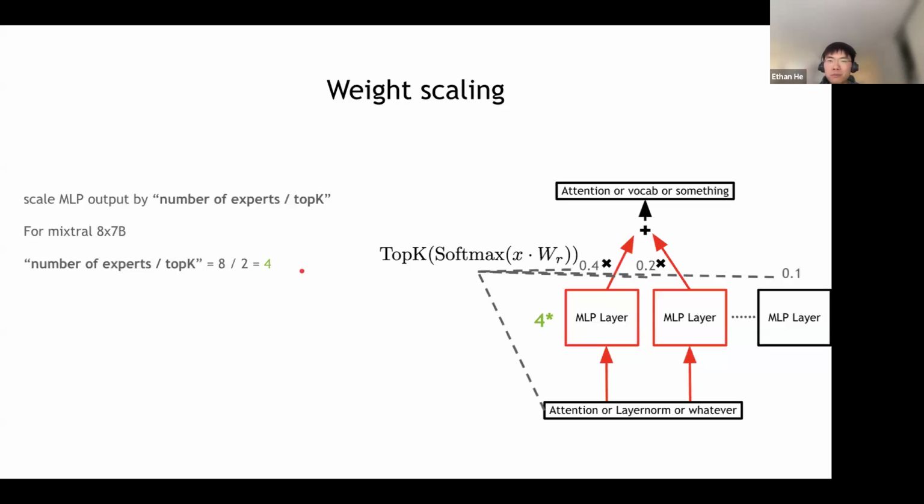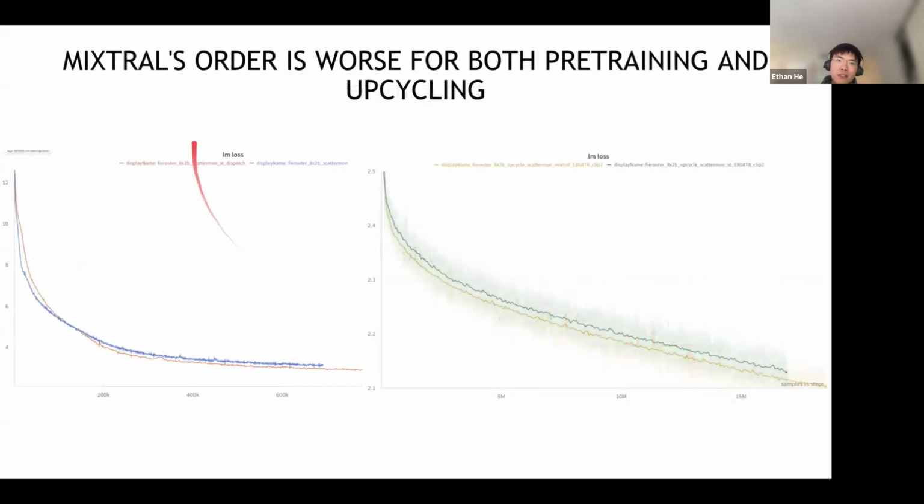This will solve the problem with the scale, and the model still behaves the same as the original model. You can train the upcycled model normally. And then we found with this approach, it consistently outperforms the Mixtral approach.